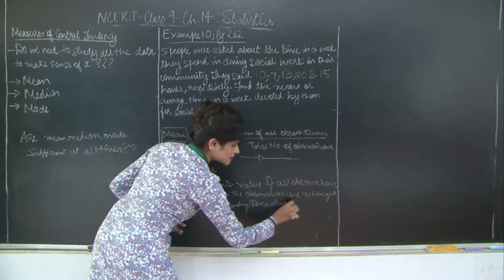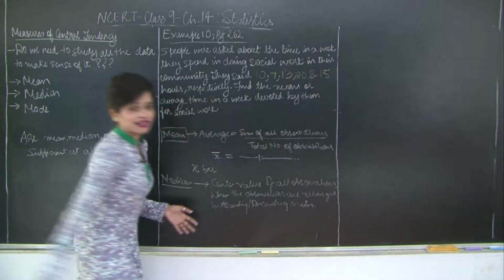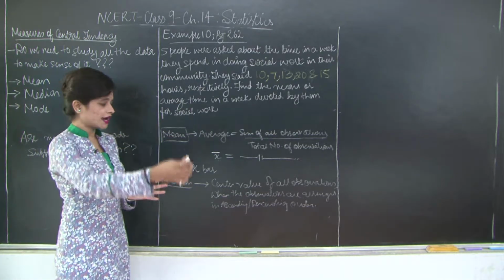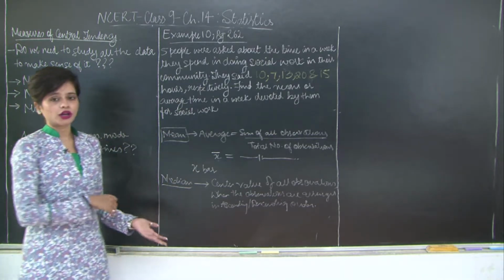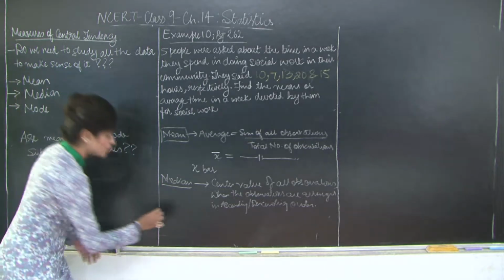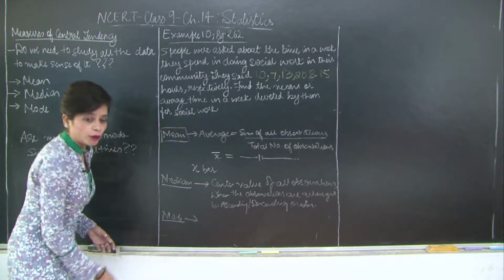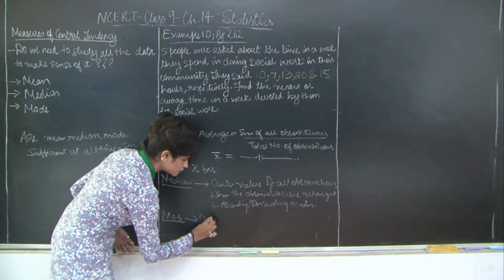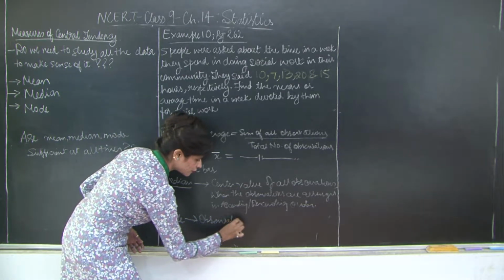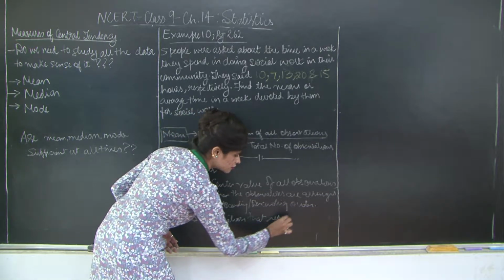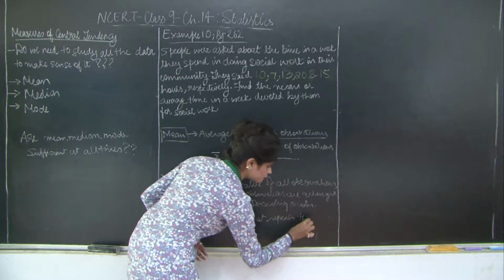I hope you know what is ascending and descending. Ascending is wherein you arrange the observations from the lowest to the highest, whereas descending would be from the highest to the lowest. And mode, it's the observation that repeats the most.